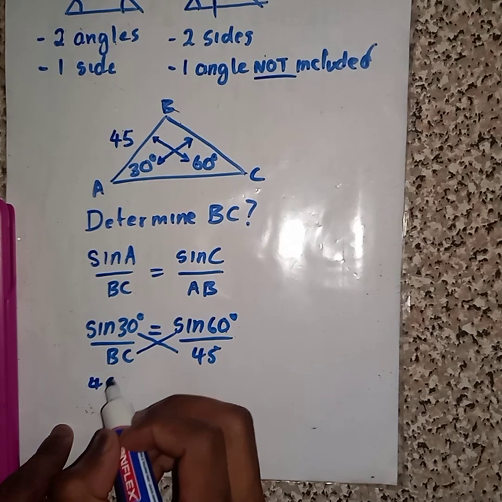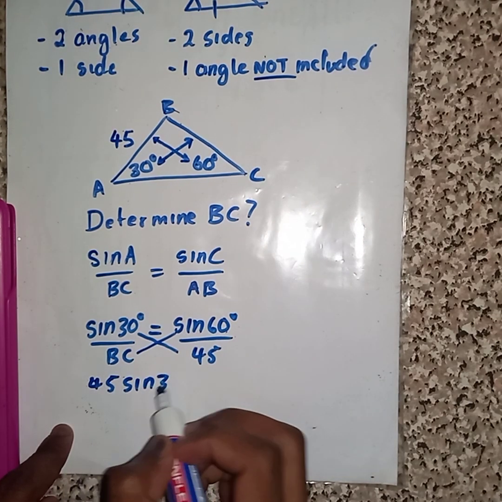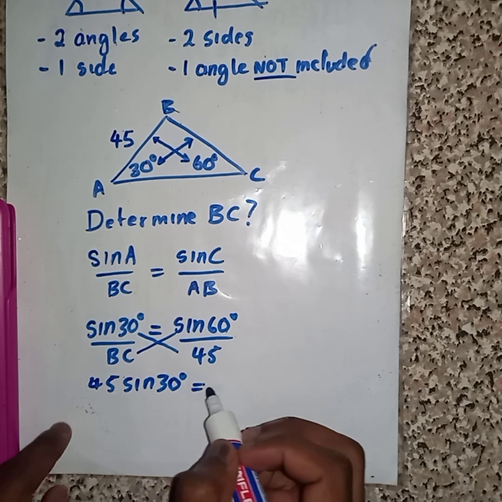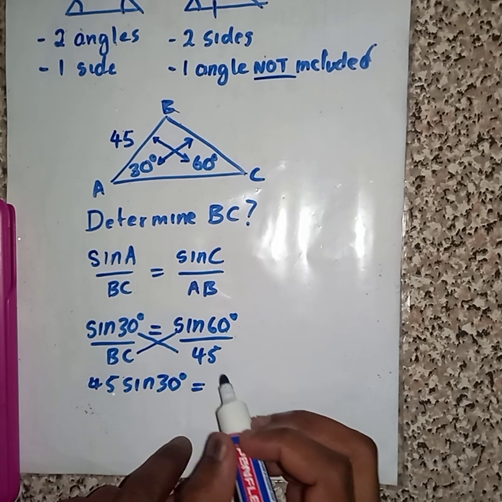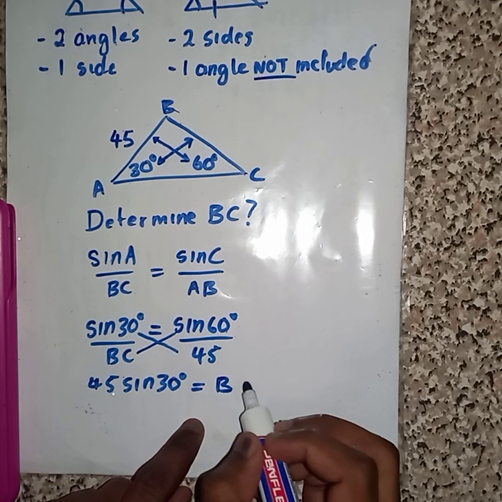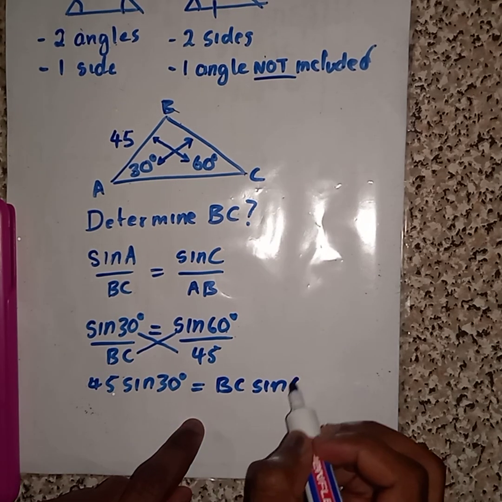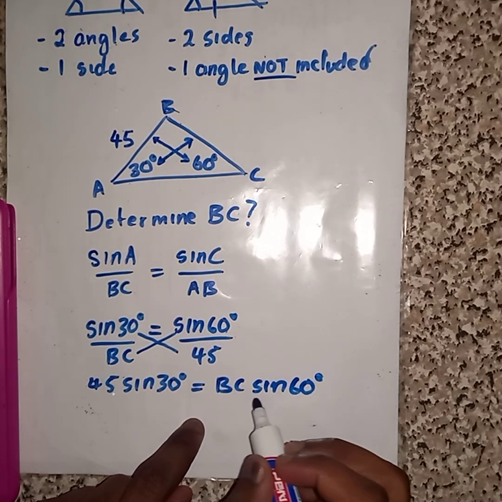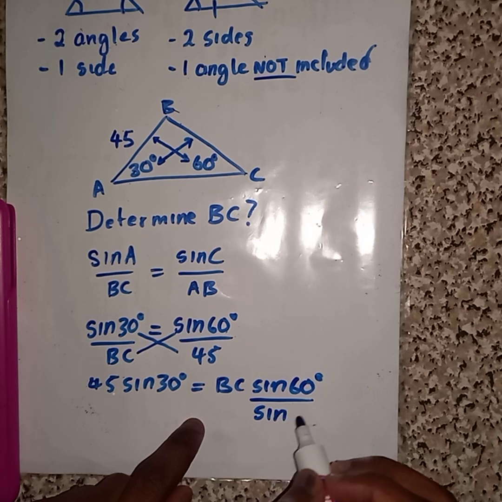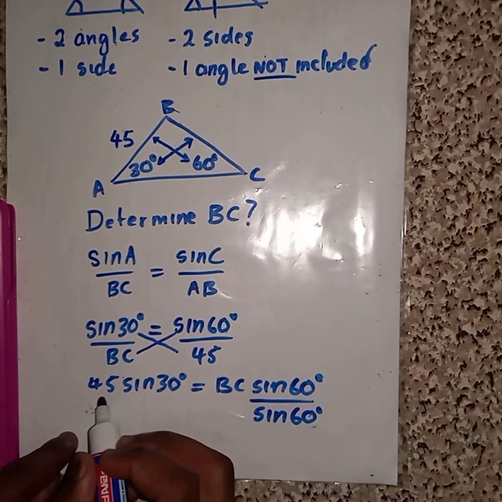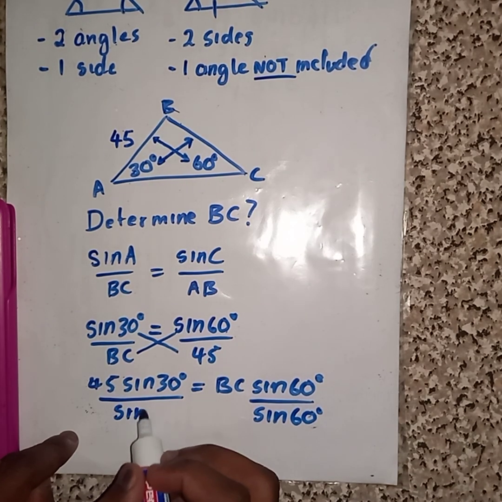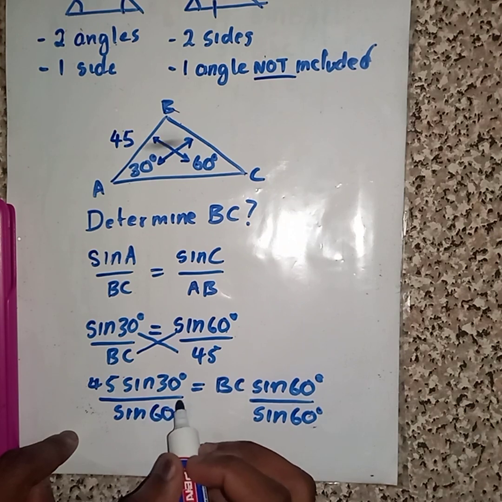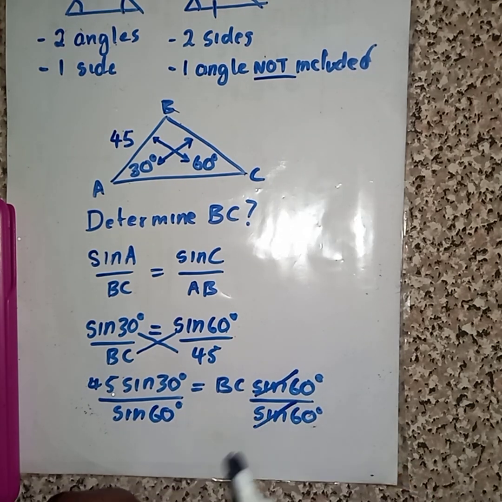Then you are going to get 45 sine of 30 this side. Then you multiply BC with sine 60. You're going to get BC sine of 60 degrees. For us to find BC, we divide both sides by sine of 60. Then this cancels this one.